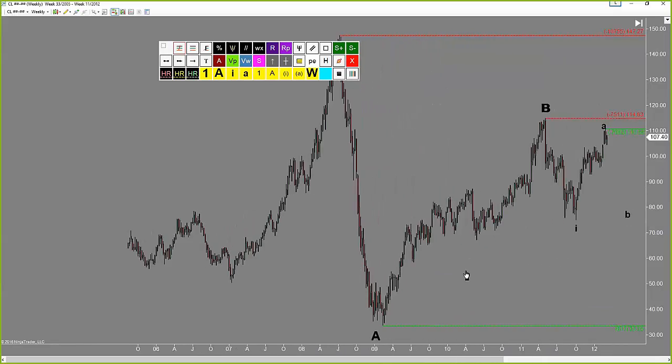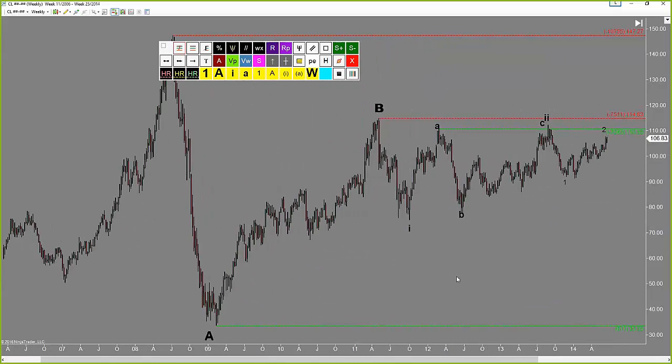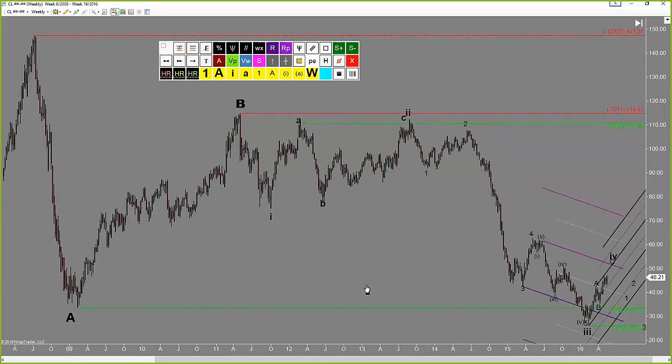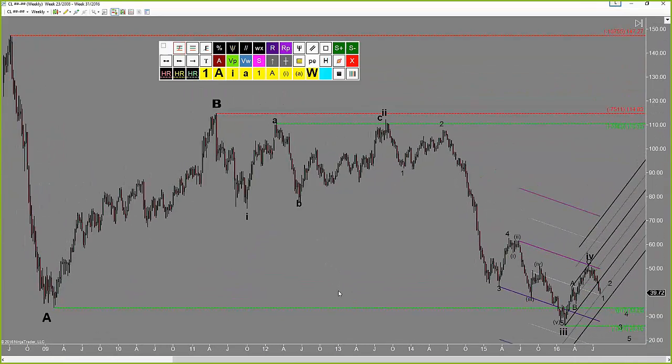But it has happened exactly that way, where we've come down in a set of 5 waves. This being the first wave down, really beautiful ABC back up for wave 2. And now for wave 3, we've traced out a perfect set of 5 waves with so many perfect Fibonacci relationships that it's almost bizarre.